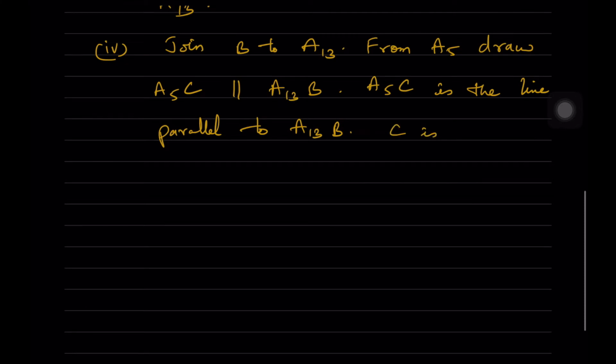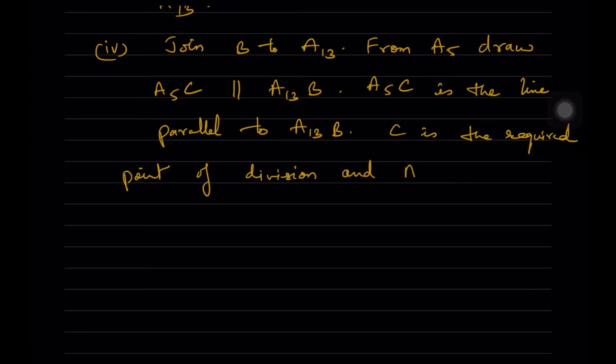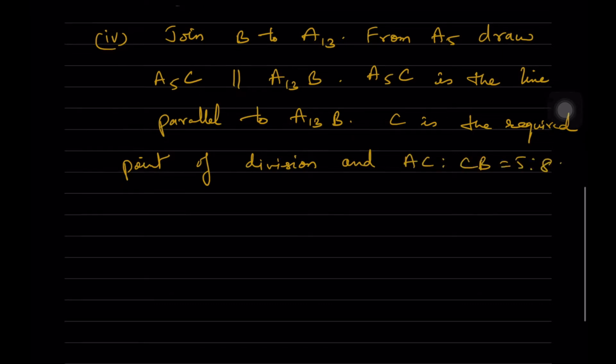C is the required point of division, and AC is to CB is equal to 5 is to 8.